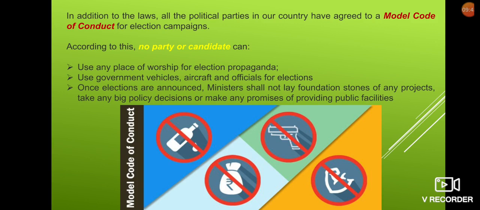No party or candidate can use government vehicles, aircraft, and officials for elections. Once the elections are announced, ministers shall not lay foundation stones of any projects, take any big policy decisions, or make any promises to provide public facilities.